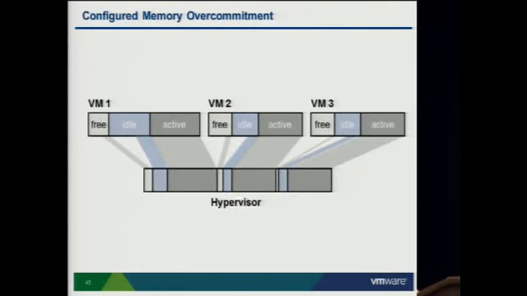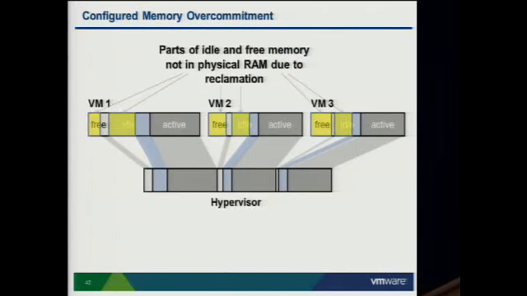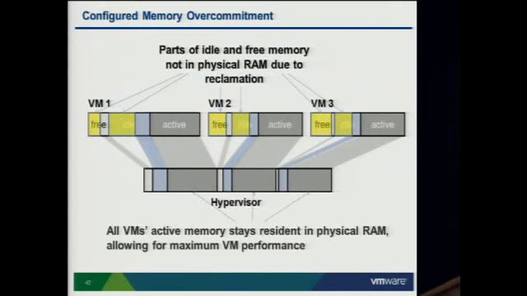So let me dig into these concepts a little bit more. Remember, one of the first slides: active, idle, and free. I've drawn them again here. If we look at this, we see that in configured memory overcommitment, parts of the idle and free memory are not in physical RAM because they've been reclaimed. But we notice that all of the active memory in those VMs stays in physical RAM, thus giving you maximum performance.